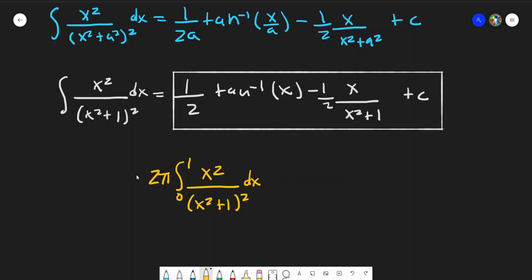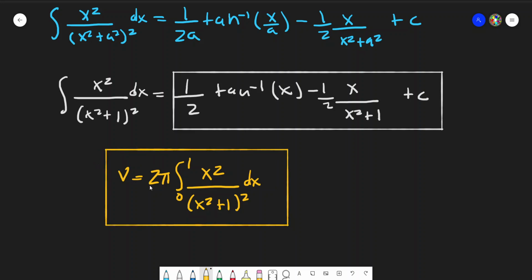For this particular question, this is the volume of a solid rotated about the y-axis by the use of the shell method. Now that you have a formula for this integral, the rest is just plugging into the formula, and then we get the volume of the solid rotated with respect to the y-axis. Isn't that cool that we can avoid using integration by parts and other techniques that we learned?